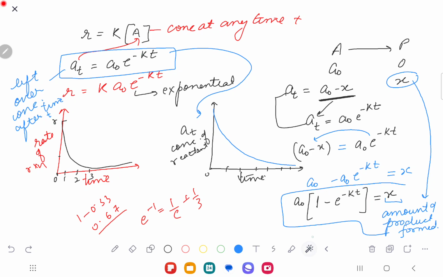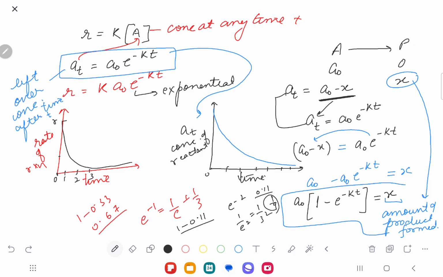You tell me. As t passes by, t is 2. It becomes 1 over 3 square. What is 1 over 3 square? 1 over 9. And 1 minus 1 over 9. 1 over 9 is 0.11 if you divide. So 1 minus 0.11.